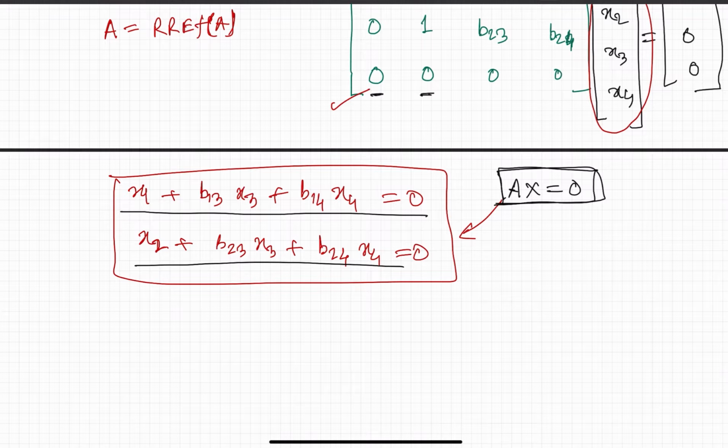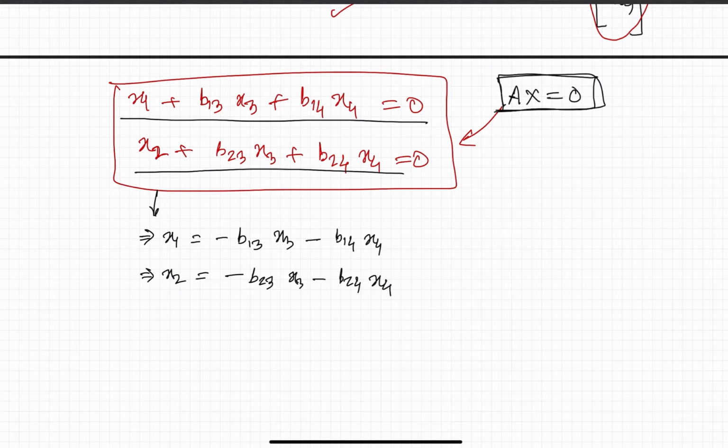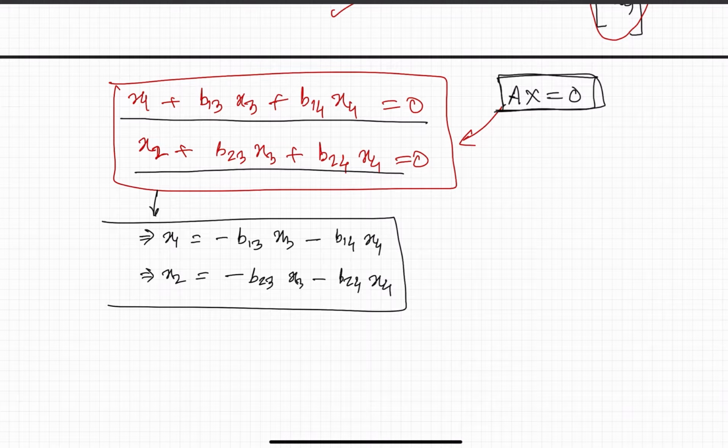Now we can manipulate these two equations in this way: x1 is equal to minus b13 x3 minus b14 x4, and the second equation would be x2 is equal to minus b23 x3 minus b24 x4.